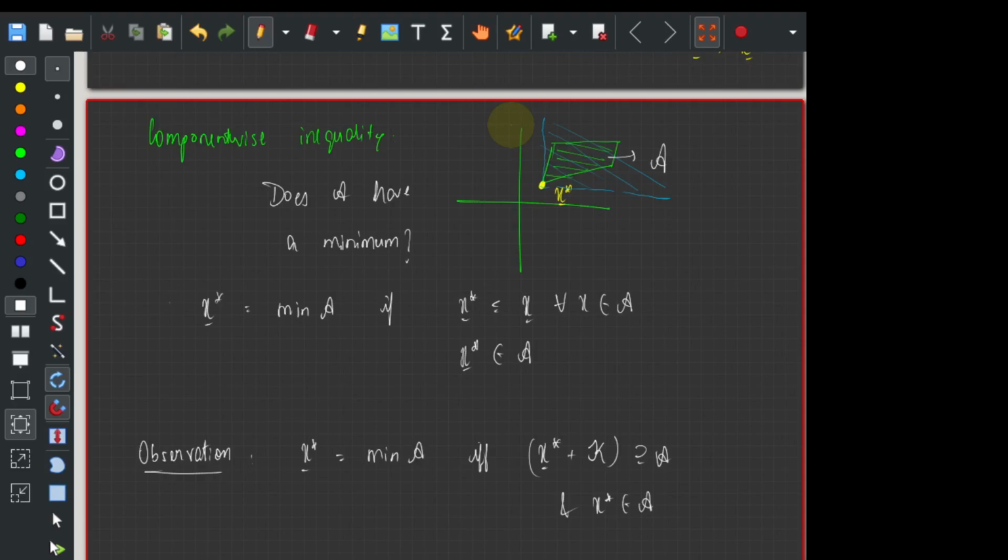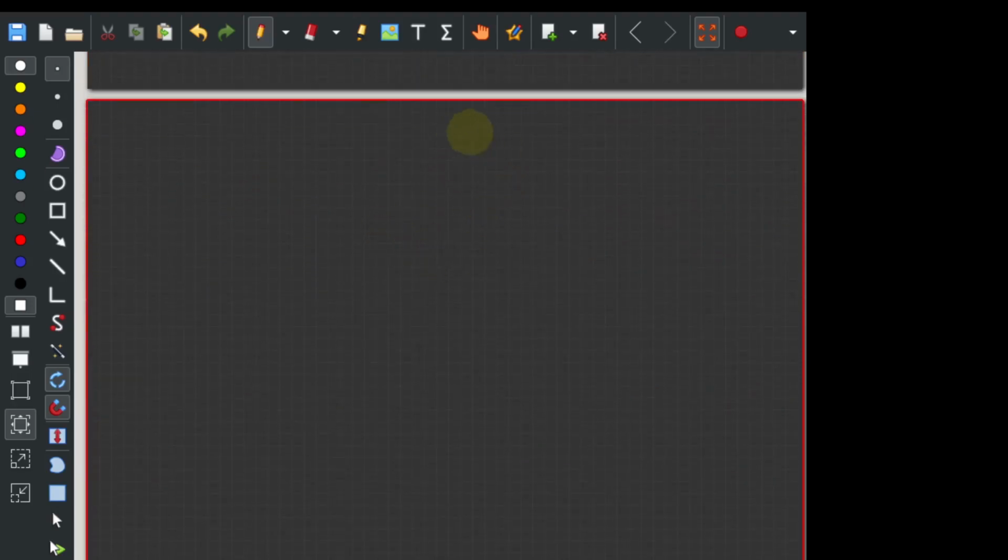Let's focus on R2. Yeah, a diamond-shaped set, or any set which looks like this. Now you can't really find a point which is less than or equal to every point in A.